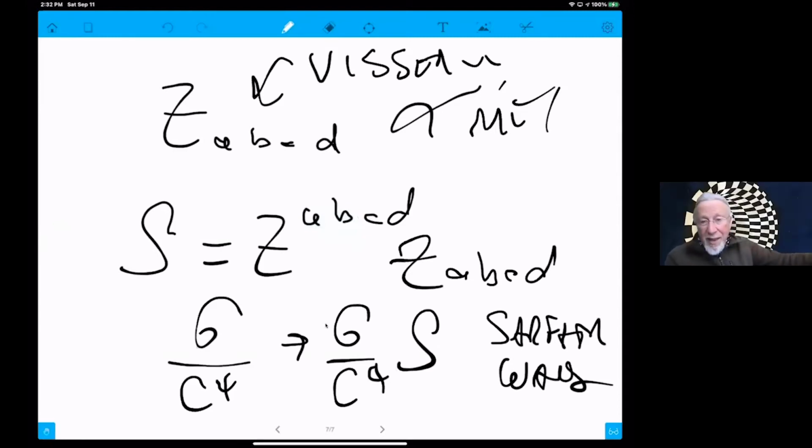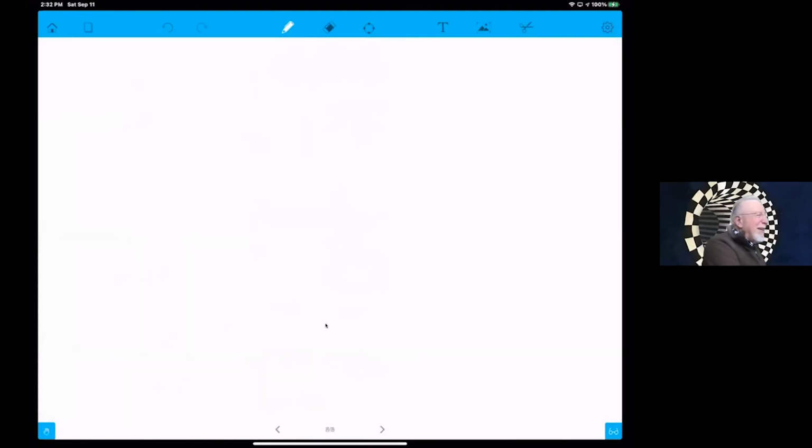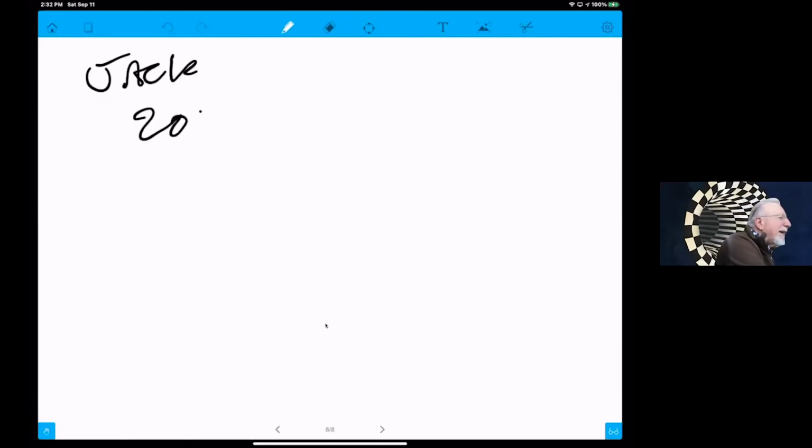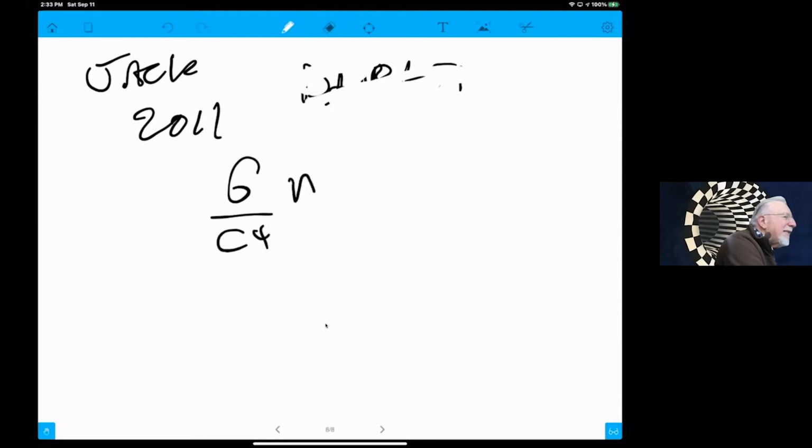Computing what Keith did to compute that simple little form. Wait a minute, I've got to tell you. In 2011, at DARPA and NASA, I had G over c to the 4th times n to the 4th, where n equals index of refraction.